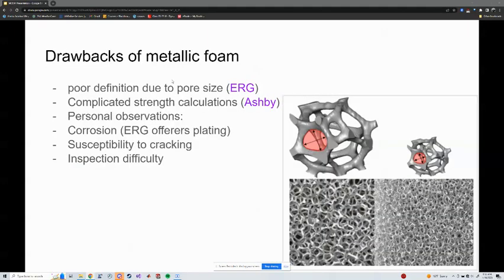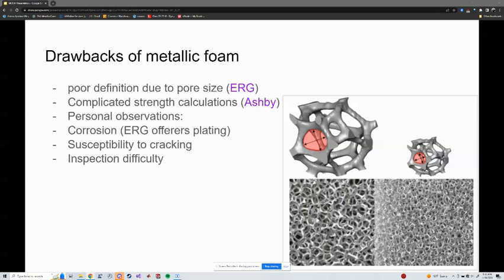Some drawbacks of the metallic foam are their poor definition and size constraints due to their pore size. If you look at the structure here on the right, you can see it's a fairly open, loose structure, and depending on what density and pore size the material is, fine details don't hold up well.